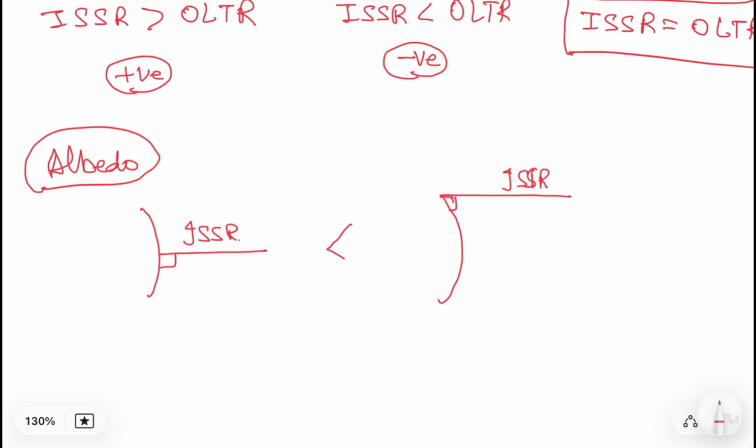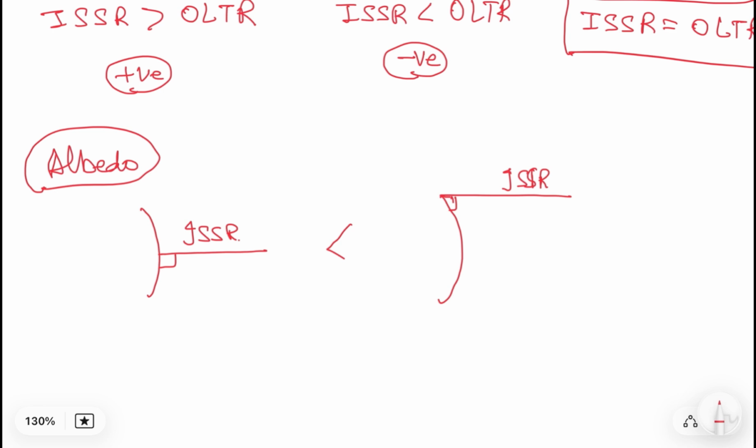Slanting rays have the higher albedo effect, because if the solar insolation is falling vertically, keeping the earth surface constant, the albedo will be low, it will get absorbed. If insolation is inclined, keeping the earth surface constant, then the albedo will be high.